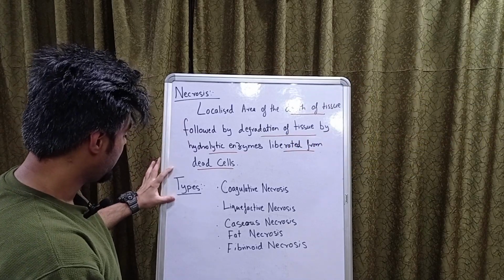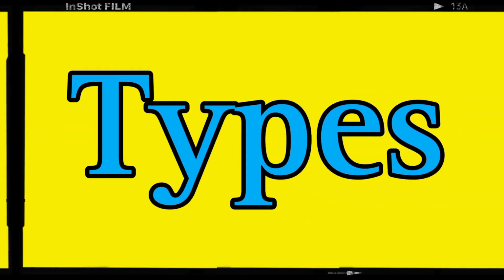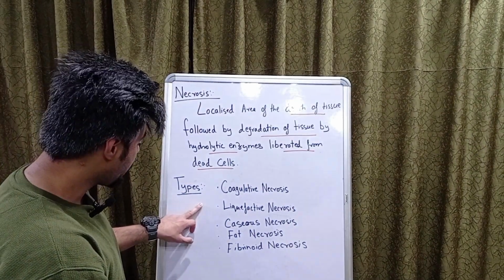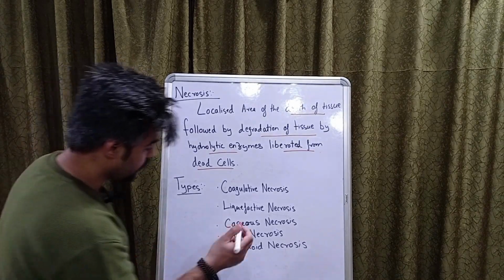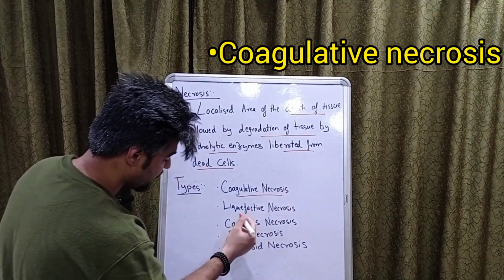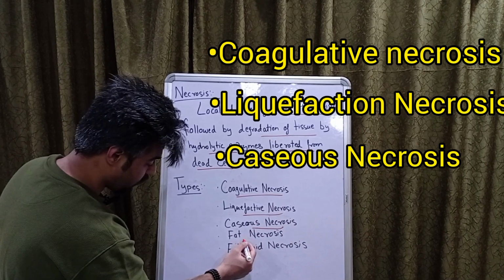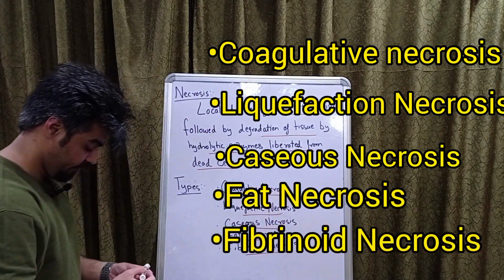Now let's see what the types of necrosis are. First is coagulative necrosis. Second is liquefaction necrosis. Third, gaseous necrosis. Fourth, fat necrosis. And fifth is fibrinoid necrosis.